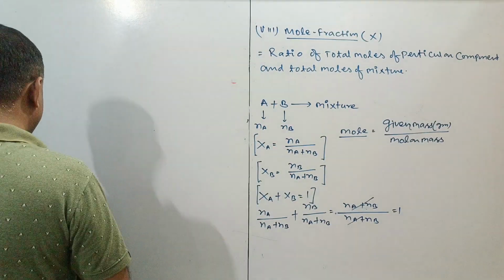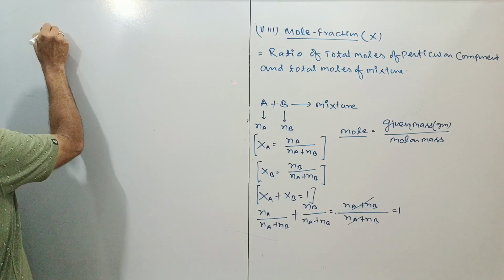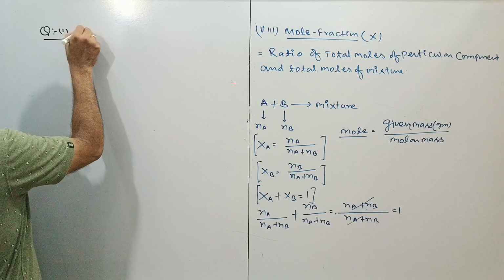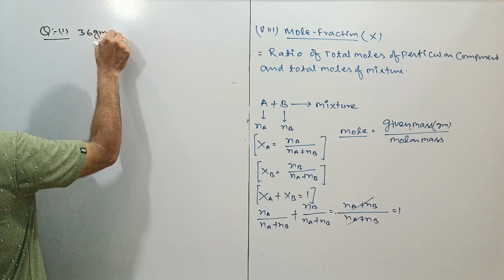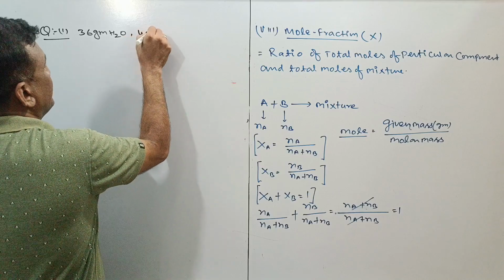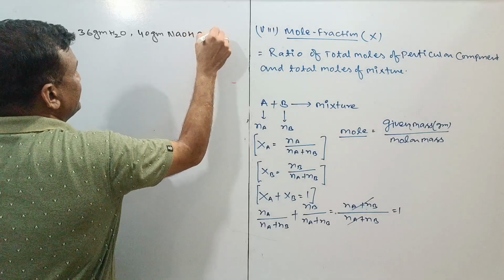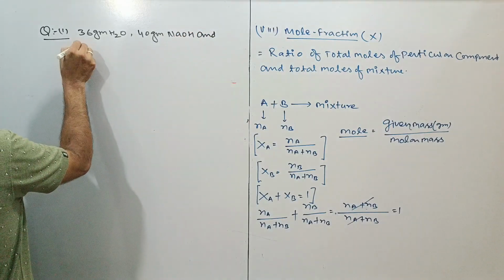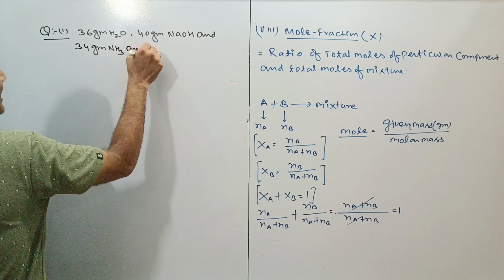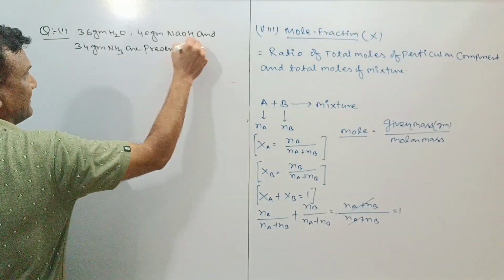Suppose there are 36 gram H2O, 40 gram NaOH, and 34 gram NH3 ammonia present in a mixture.